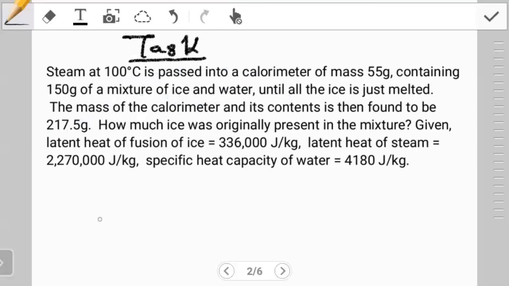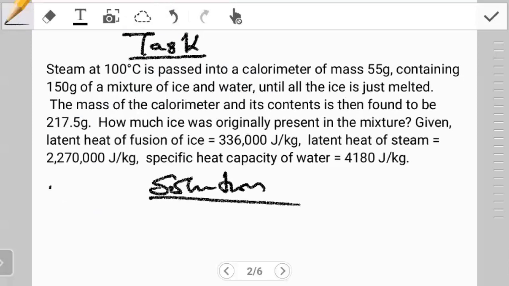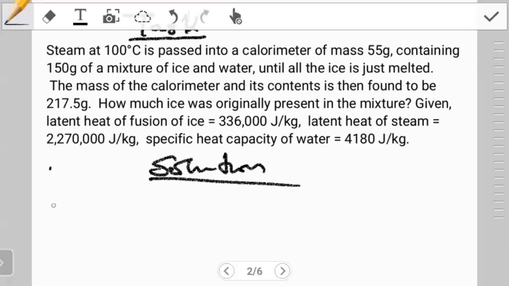So quickly notice one thing. If we were to determine the mass of the calorimeter plus whatever was inside, that mass becomes 55 plus 150, which is 205 grams.